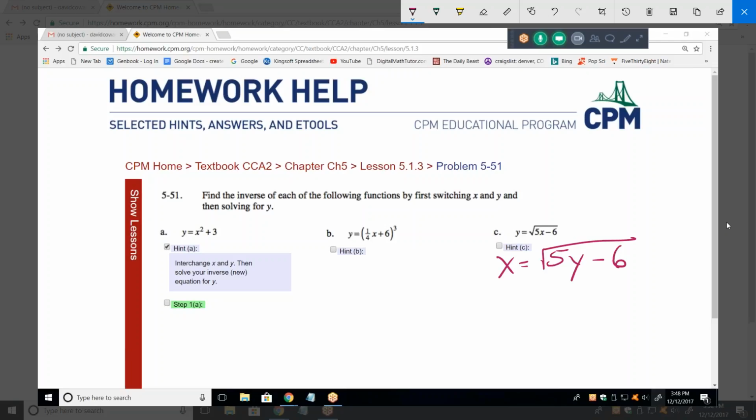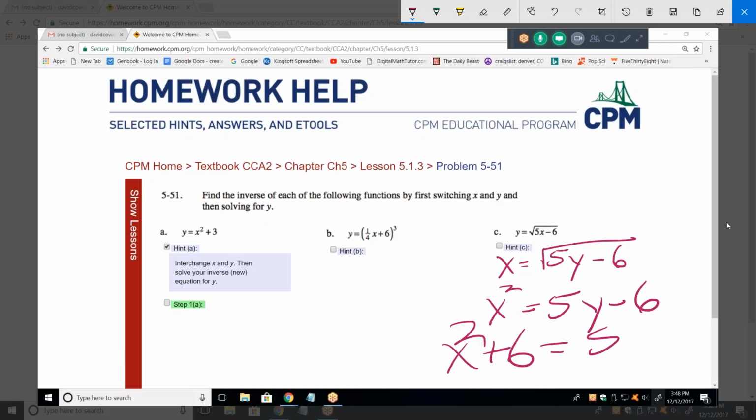Then you have to square both sides, and you get x squared is equal to 5y minus 6. Then you add 6 on both sides, and you get x squared plus 6 is equal to 5y. And then you divide by 5 on both sides.